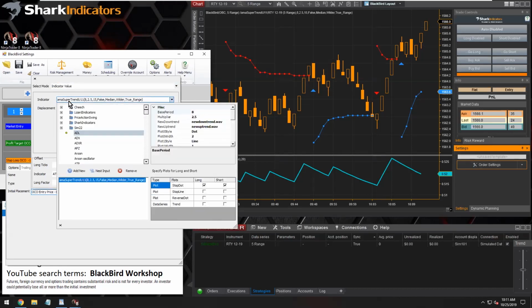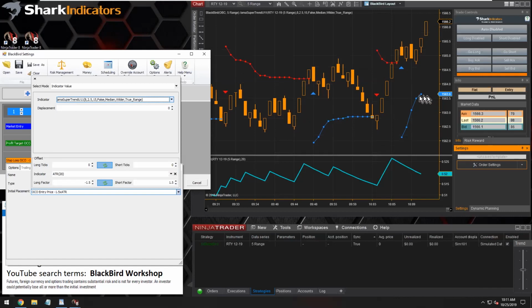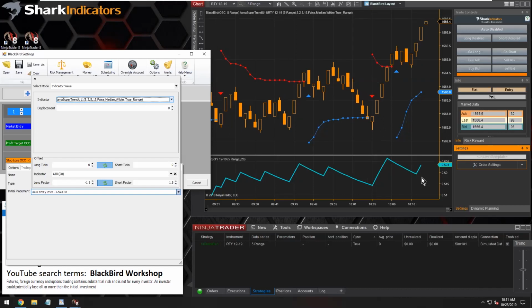There's the AMA super trend. As I was explaining, the big difference between the super trend and the ATR is that the super trend is giving us a price value, whereas the ATR is giving us an offset value. We can see it's roughly 0.5, so that is literally an offset value. The ATR is printing in terms of points. This is the RTY instrument with a 5 range bar.